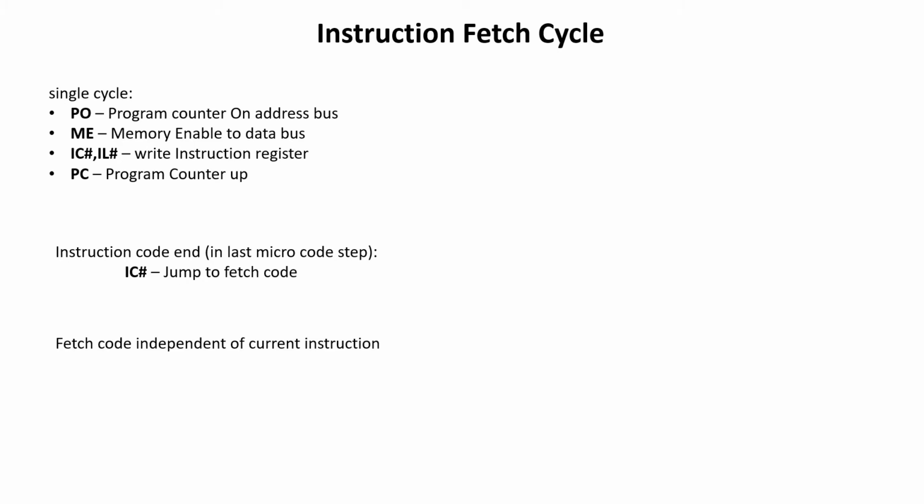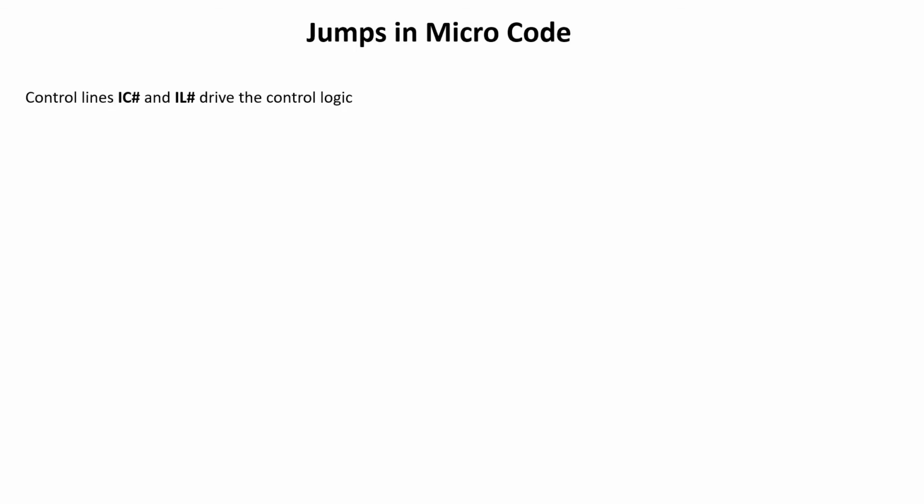So the fetch code is completely independent of the current instruction, it doesn't matter which instruction is currently active when the next instruction is read, and that means I only need one copy of the fetch code in my microcode EEPROM.